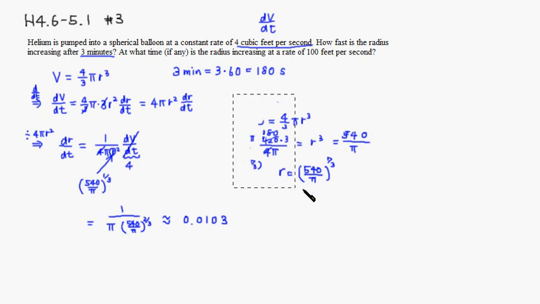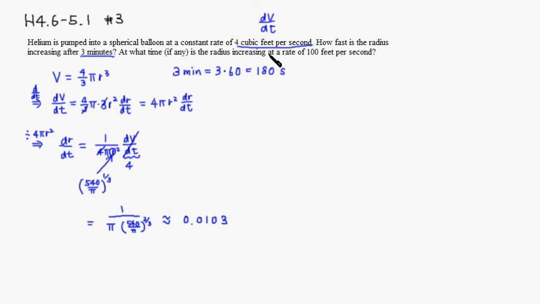So we're going to plug in 100 feet per second. You have 4 pi r squared times 100, which is equal to, we also know dV over dt is 4. So 4 and 4 cancel out, so you have 1.